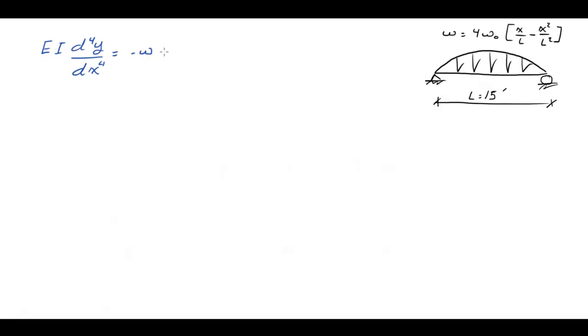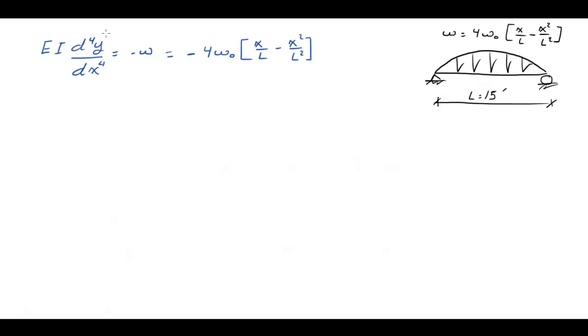That's minus 4W naught x over L minus x squared over L squared, and if I integrate this once, I will get the shear equation.